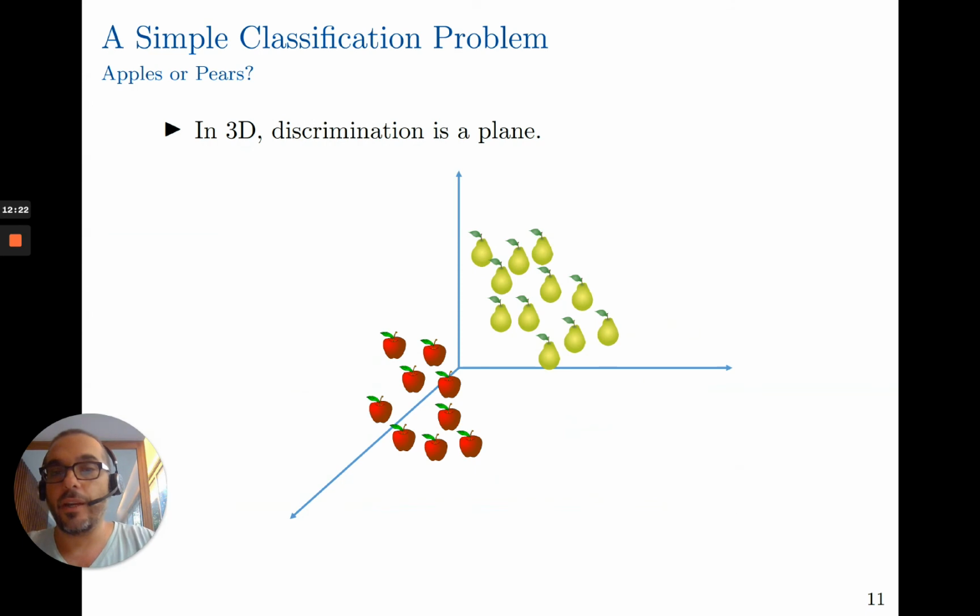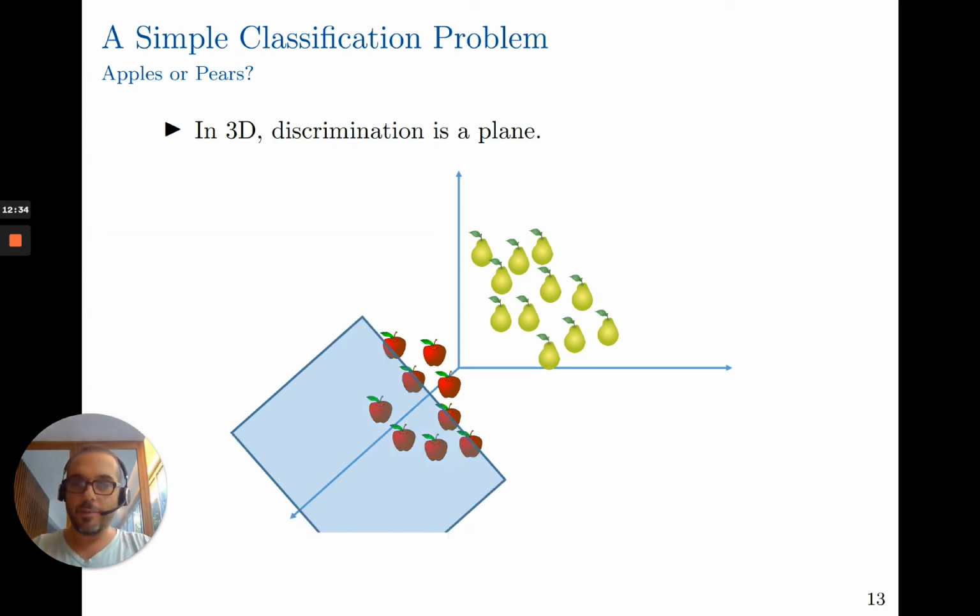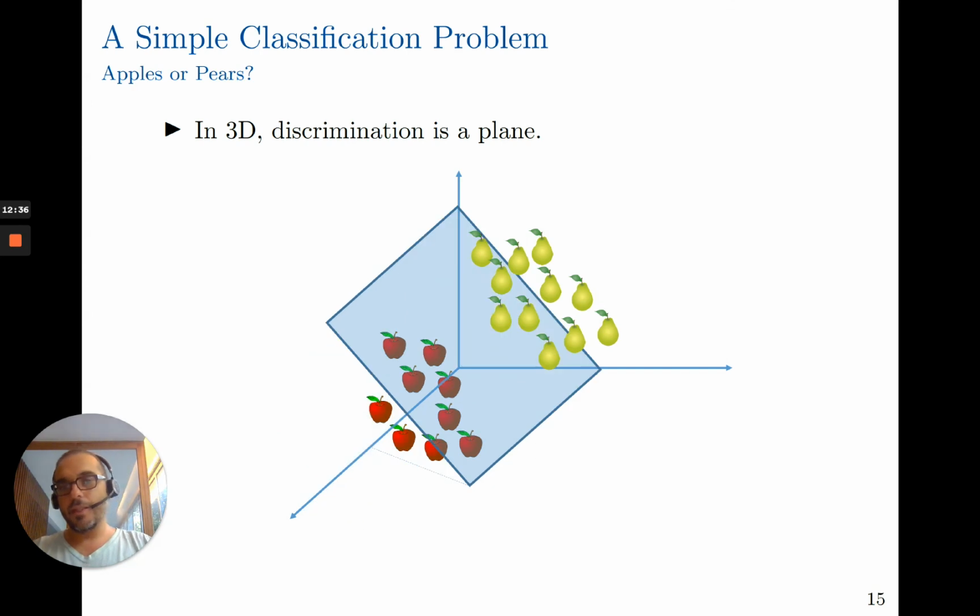If we are in 3 dimensions, with apples and pears floating in these 3 dimensions, the decision split is a hyperplane that divides the space into 2 subspaces, where on one subspace we only have the apples and on the other subspace we only have the pears. In this case the separation is crystal clear, so we are not making any classification error.